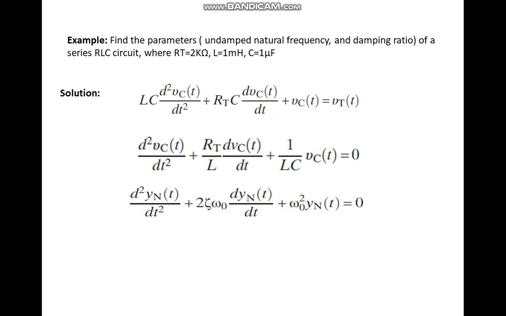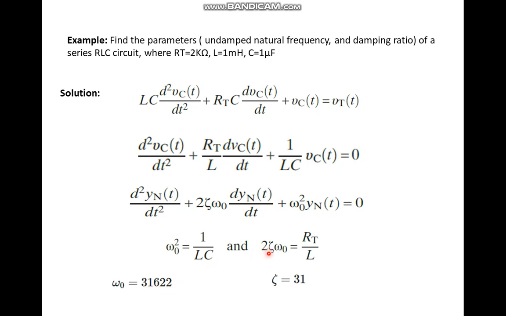Therefore, omega naught squared is equal to 1 over LC and 2 zeta omega naught is equal to RT over L. Now, putting in the values, we get omega naught squared equal to 1 over L, which is 1 millihenry, times C, which is 1 microfarad, and thus the value of omega naught is equal to 31622 radian per second.